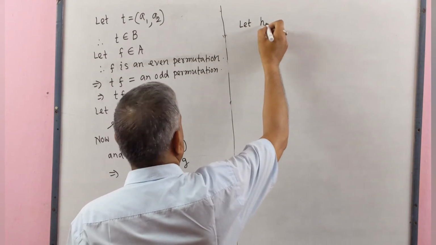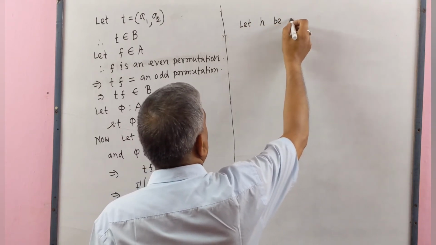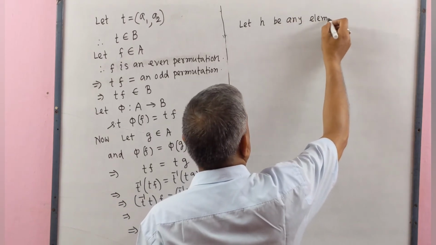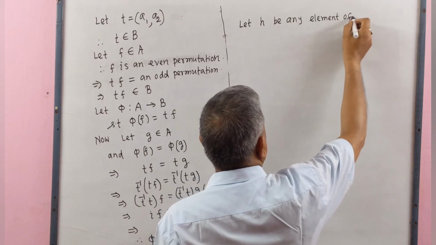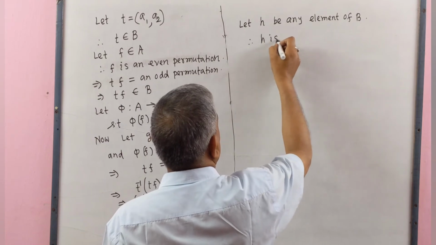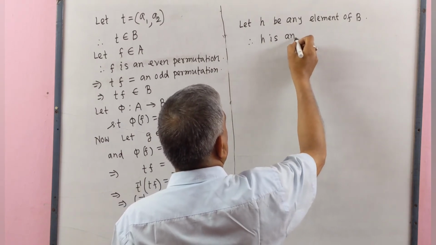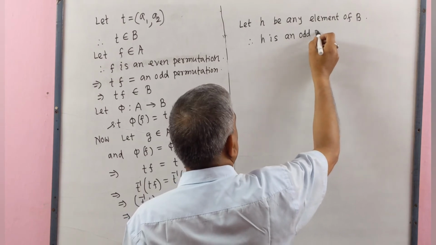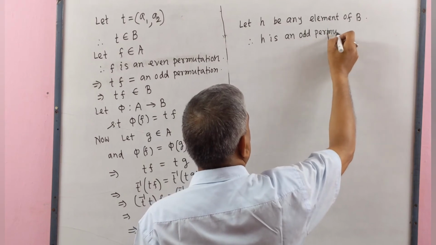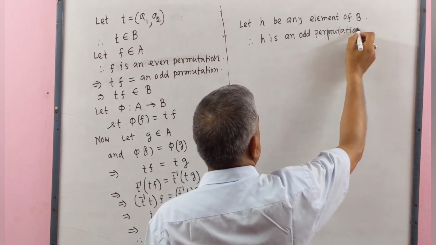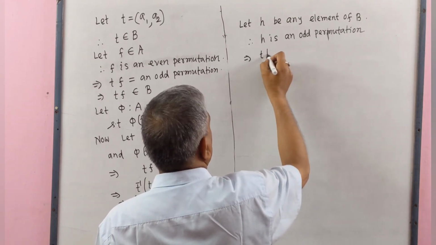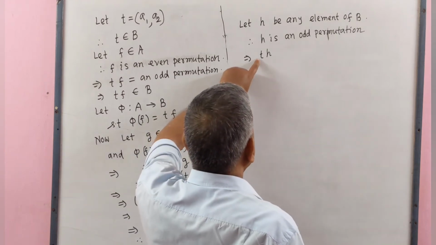Let H be any element of B. Therefore, H is an odd permutation. This implies that TH, with T odd and H odd permutation.